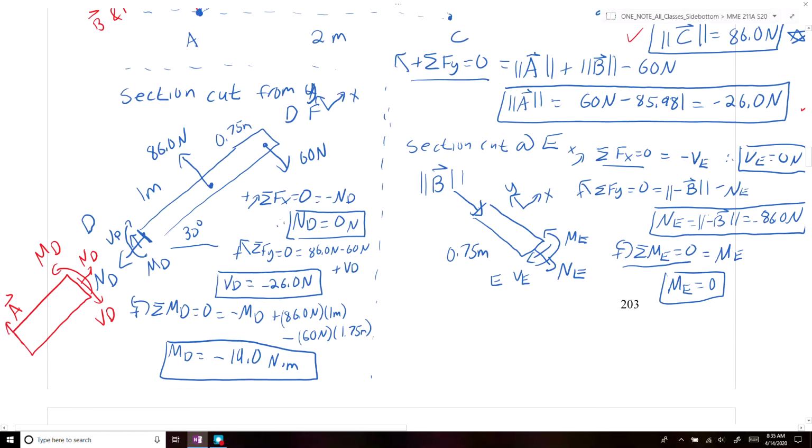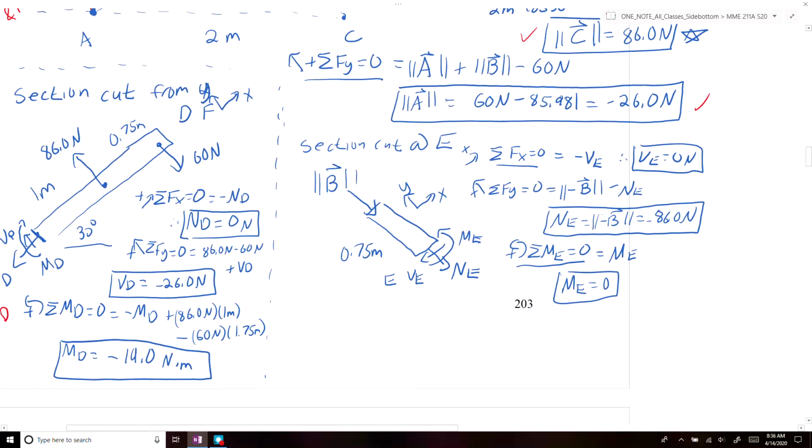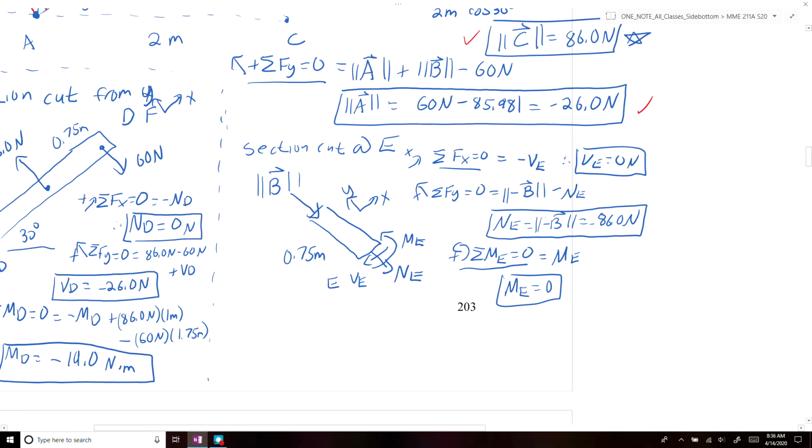Alright, and then either way you took the section cut, you could then solve for ND, VD, and MD. You will get the same answer regardless of how you took the section cut. And then at section E, you could do the same thing. It didn't matter which way you cut the section. You could have cut it this way as well, where you had force C acting on the bottom of it, and then you would have had NE, VE, and ME.